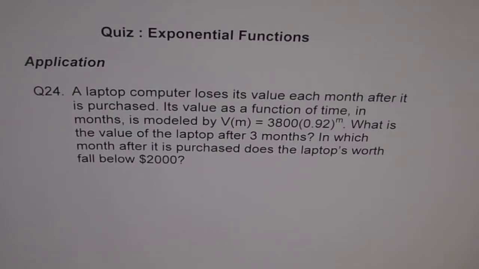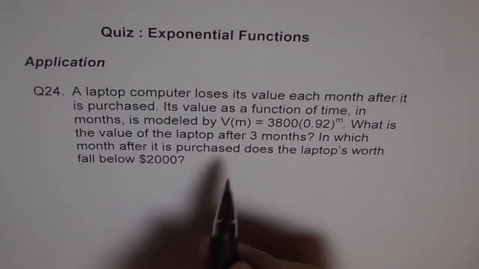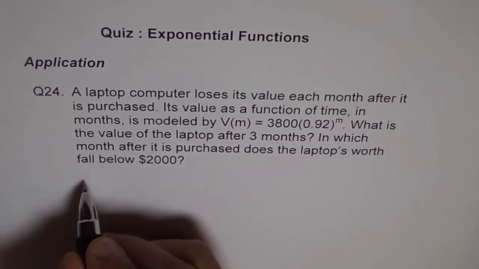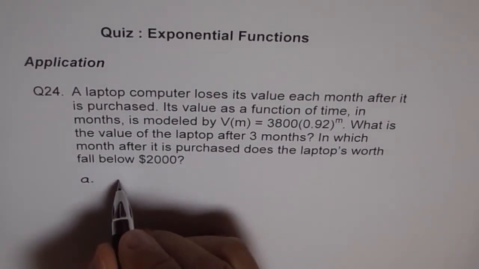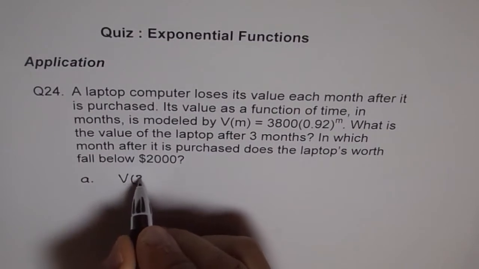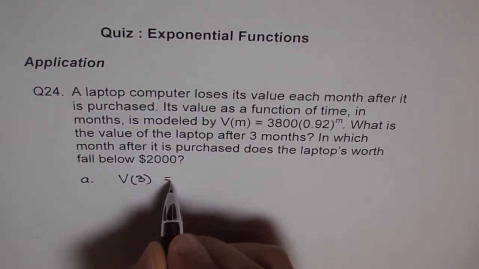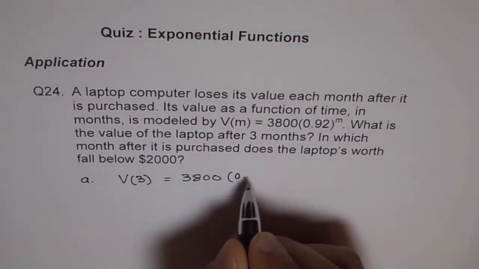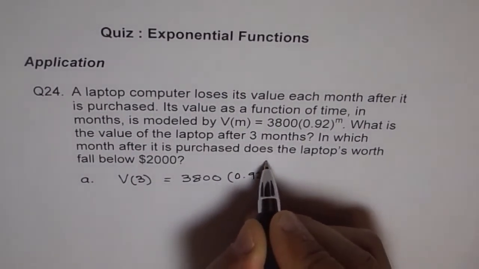Okay, so let's do the first part. The first part is to find the value of the laptop after 3 months. So for part A, the value after 3 months is V(3) = 3800 × 0.92^3, correct?